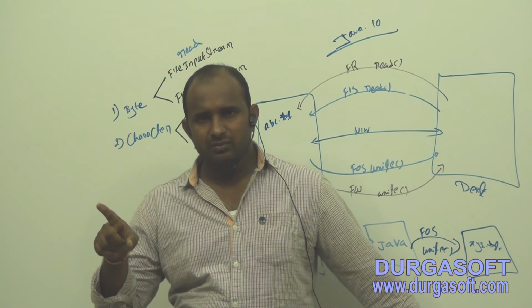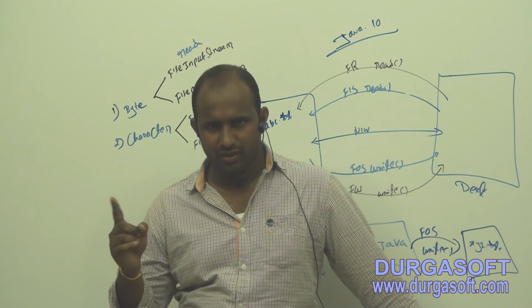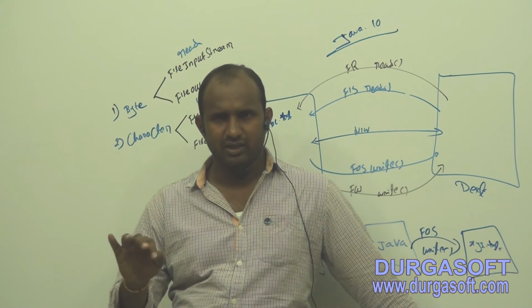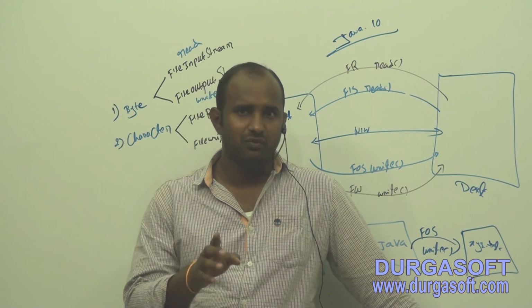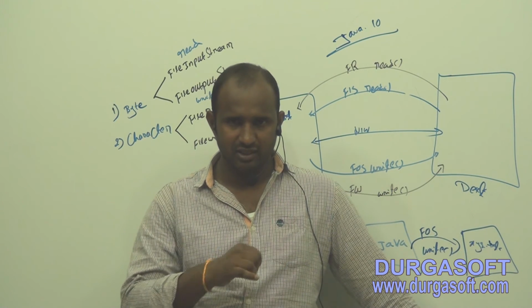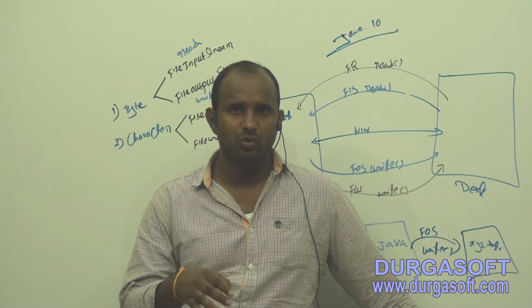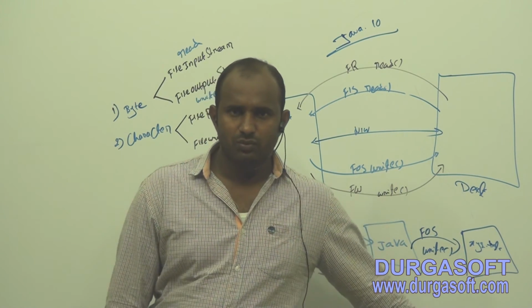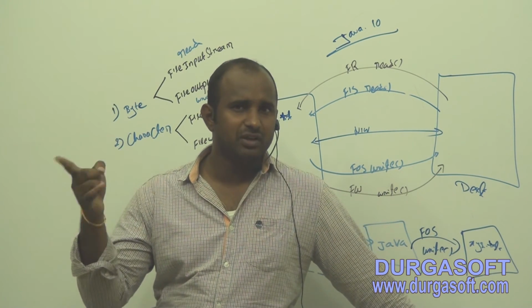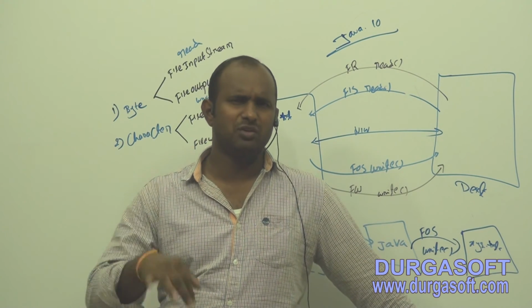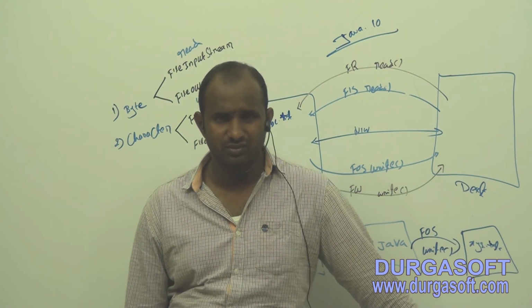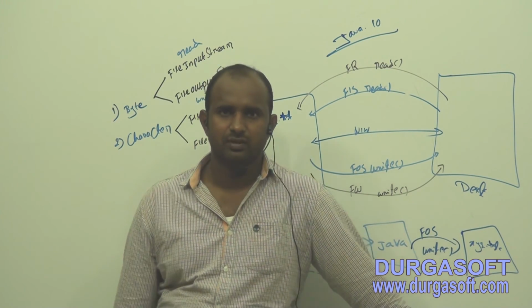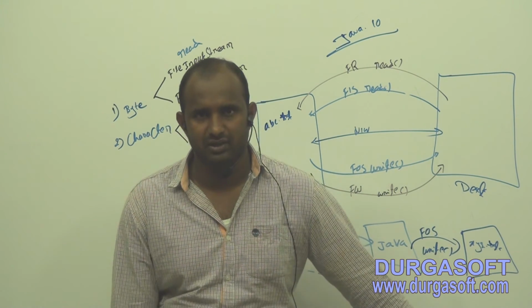What is the third difference here? The normal streams always hit the hard disk to retrieve the data. The buffer streams hit the hard disk the first time to get the data. From the second time onwards, what? It gets the data from buffer memory. So there is a difference between normal streams and buffer streams. At the project level, generally we use buffer streams to improve the performance of the application.